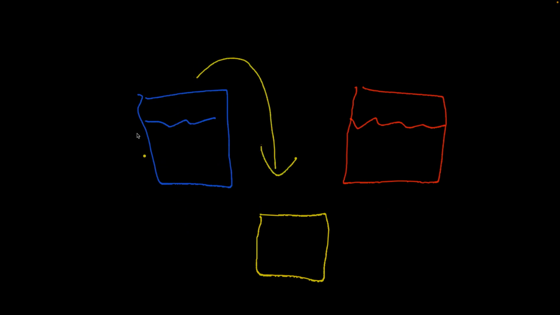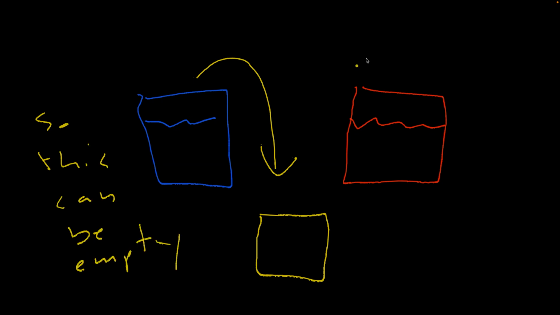So this would be empty. Once this is empty, you can pour this juice into the water cup. And once this has water, you can pour this formerly empty cup into the juice cup. You've just swapped the juices, the liquids in the cups.